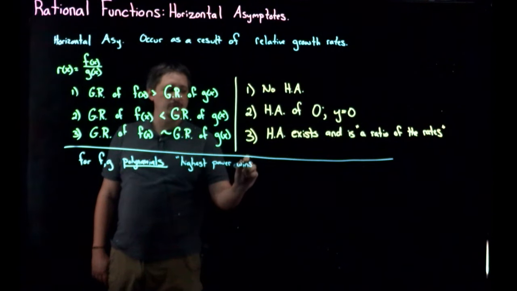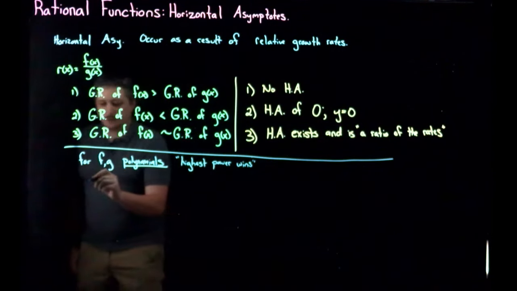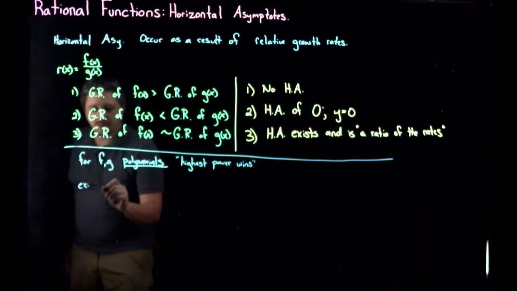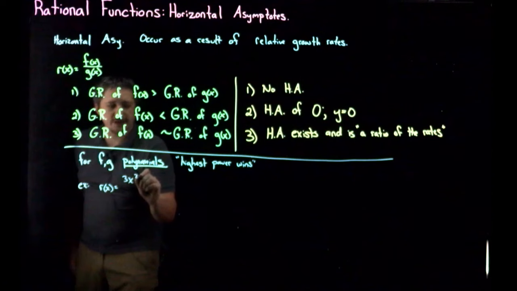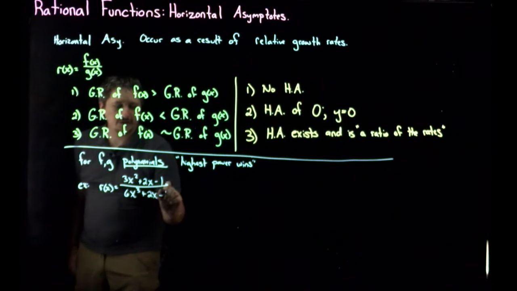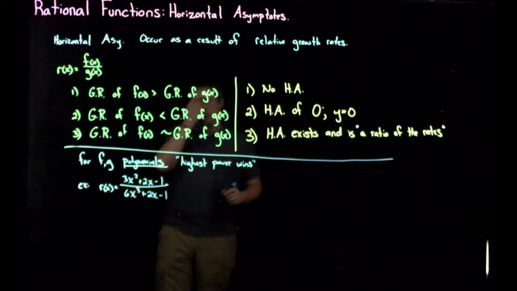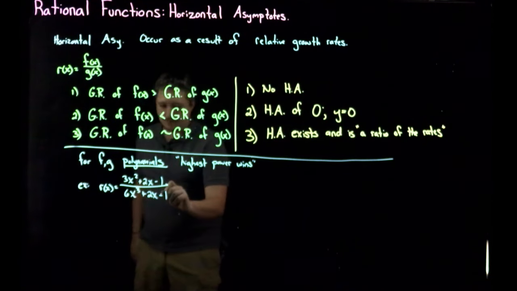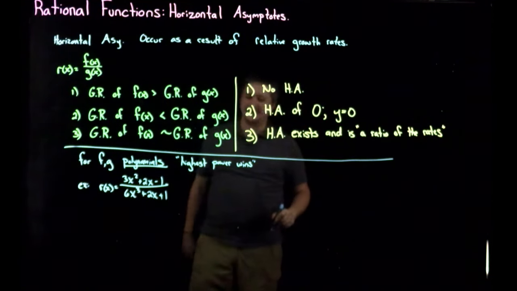So for example, because concrete examples are helpful, let's say r of x is 3x squared plus 2x minus 1 over 6x cubed plus 2x plus 1. In fact, let me make it plus 1, just so they're not quite exactly the same.